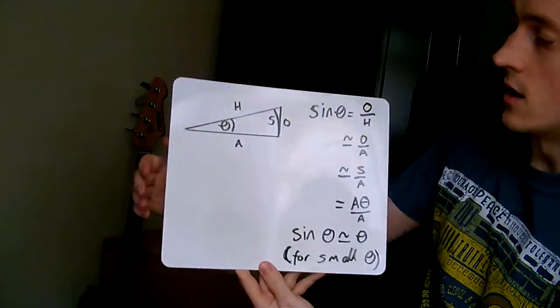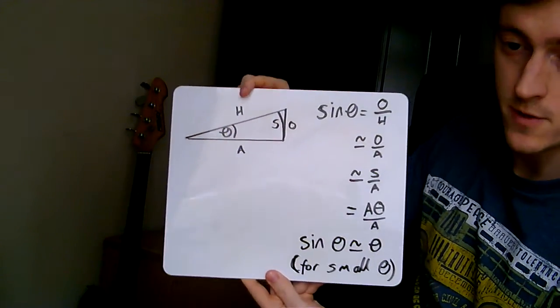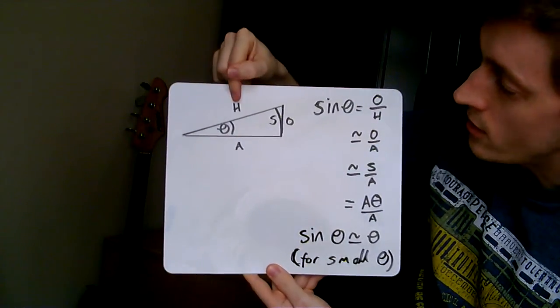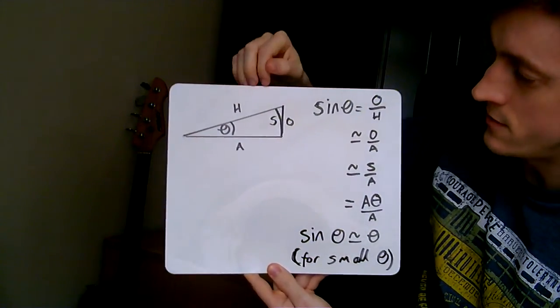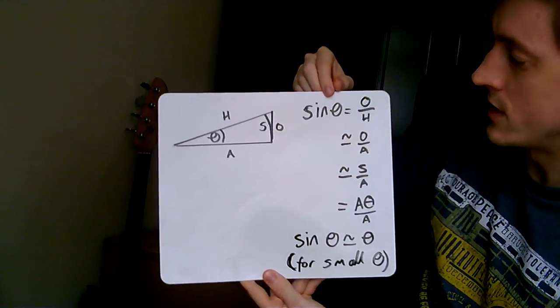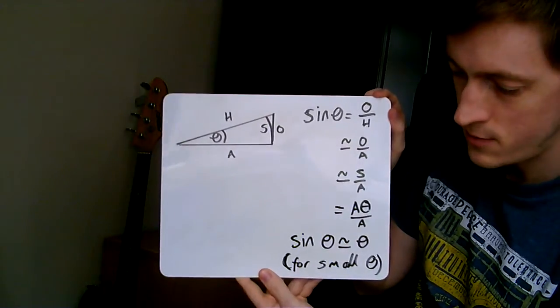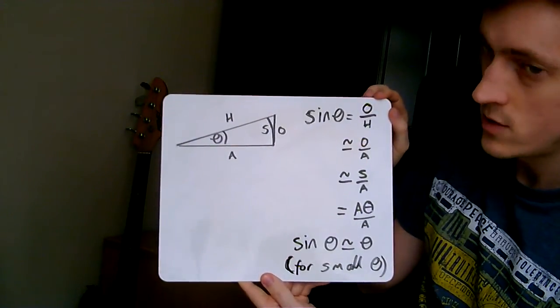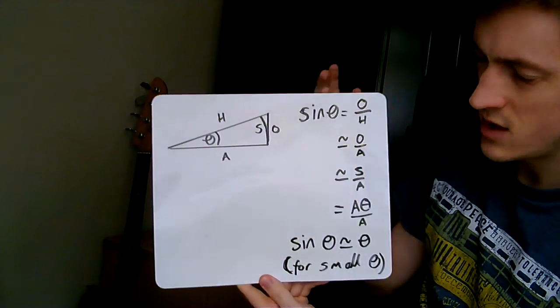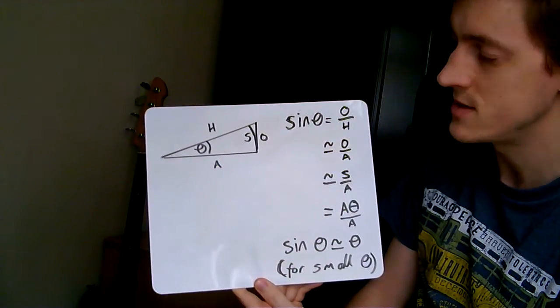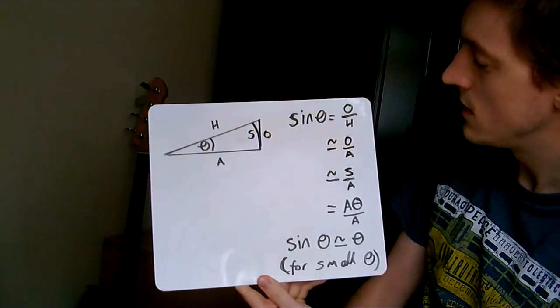So what we've got here is a triangle. Hopefully you recognise that, otherwise there is a problem. We've got hypotenuse here, opposite and adjacent of course, and sine theta is defined as opposite over hypotenuse. But if theta is small, which it is in my example, in the book they go for theta being about 10 degrees or less to give you an idea of what small is.